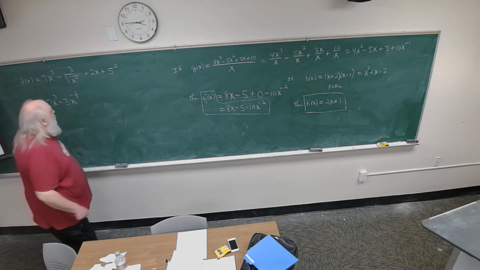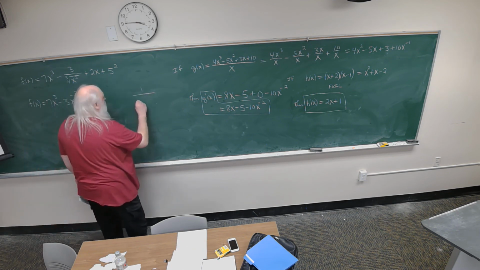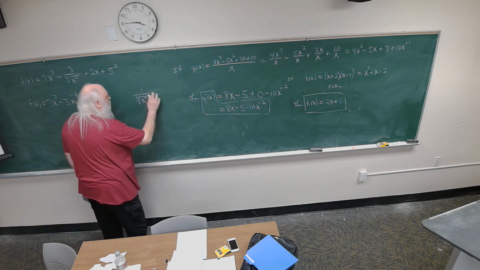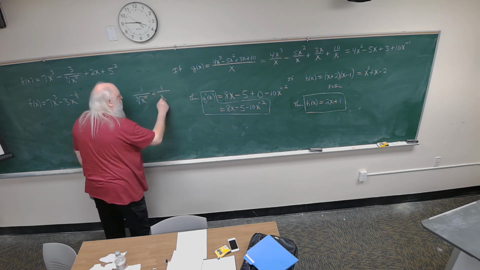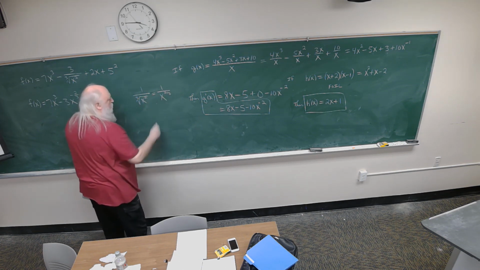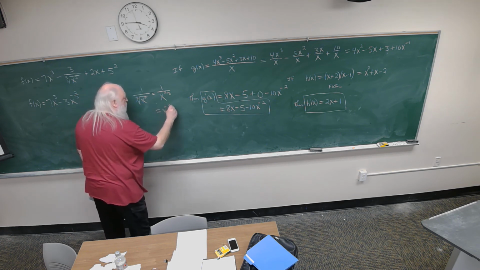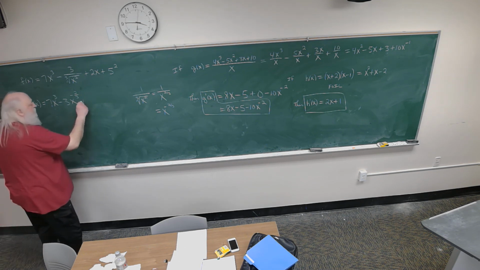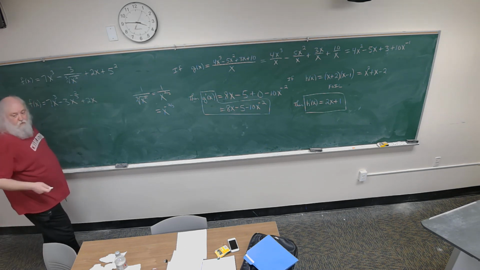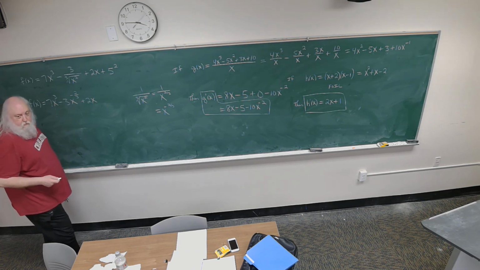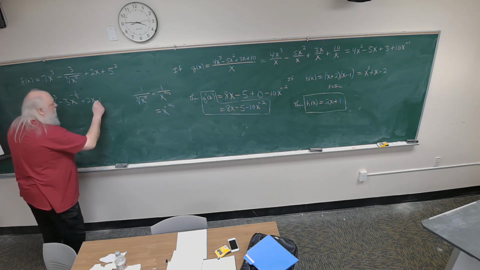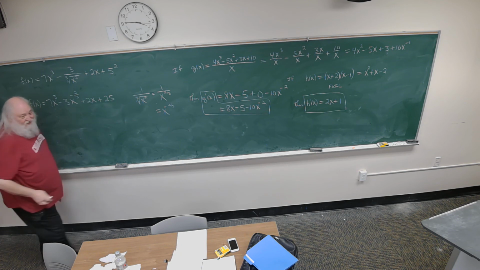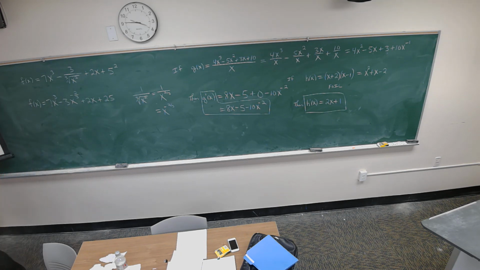Because 1 over the cube root of x squared is equal to 1 over x to the plus 2/3, which is equal to x raised to the minus 2/3. Okay? And then we have plus 2x. And what's the last term equal to? What's 5 squared equal to, ladies and gentlemen? That's all that is. Don't let it fool you. That's 25.